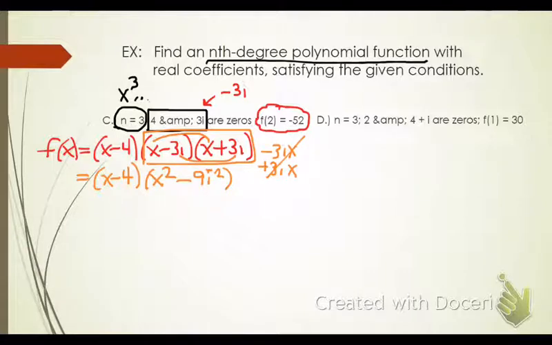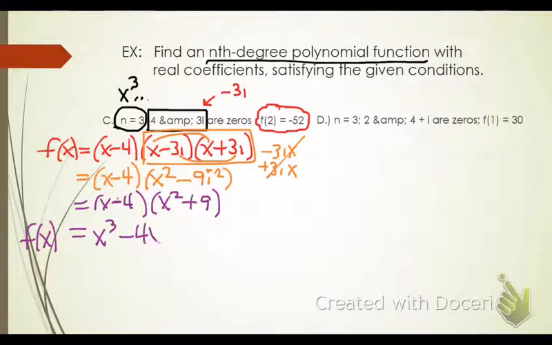So we don't have to worry about those. You do have to change the i squared to -1. So this turns into, sorry I wrote x plus 4, I meant to have an x minus 4 here. This turns into x squared plus 9. So when I multiply this all out, I get x cubed minus 4x squared plus 9x minus 36. That's my answer if it satisfies this given condition.